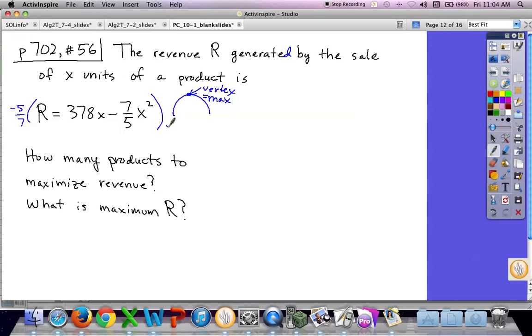When I do that, now I've got negative 5 over 7 times R equals, and I'm going to rewrite this a little bit, x squared I'll write first. And then what is negative 5/7 times 378? Minus 270, okay.